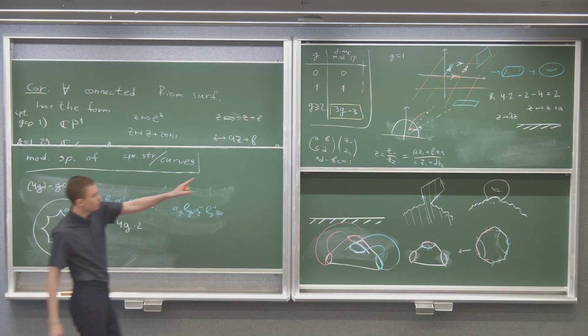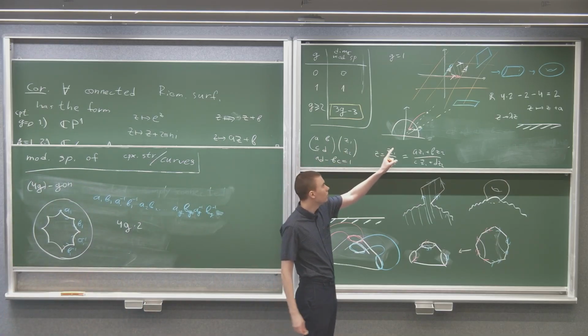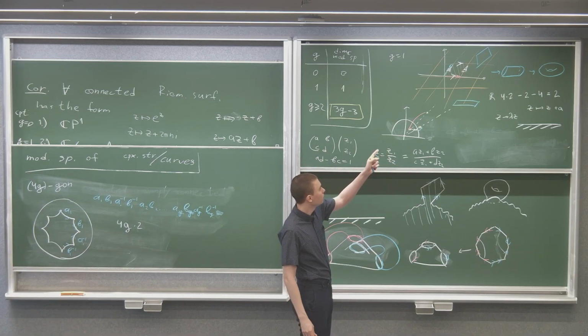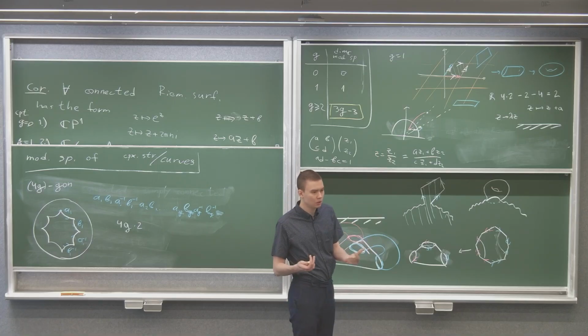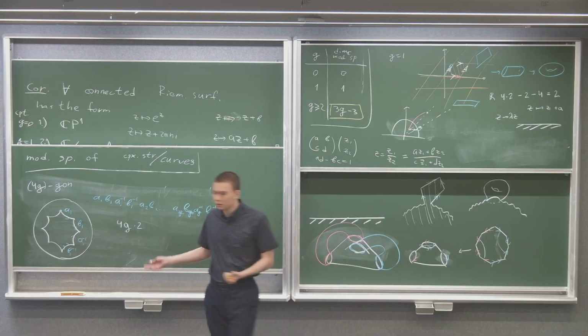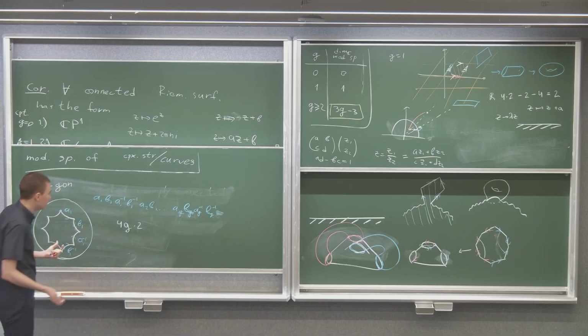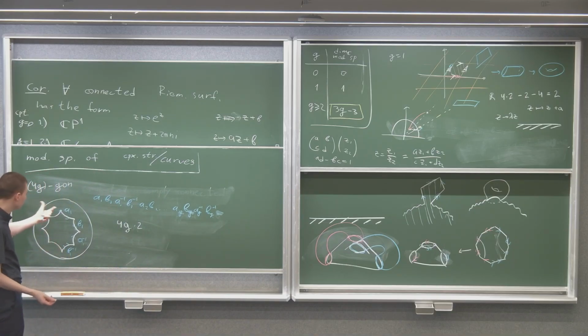Now, in the G equals 1 case, if we wanted to glue those sides, they had to be equal length. Here, it's the same thing. Since we want to glue those sides, they have to be equal length. So A1 and A1 inverse are obviously the same length, and so forth.